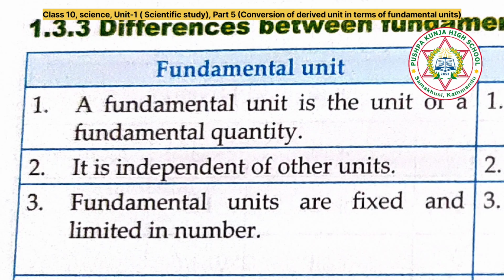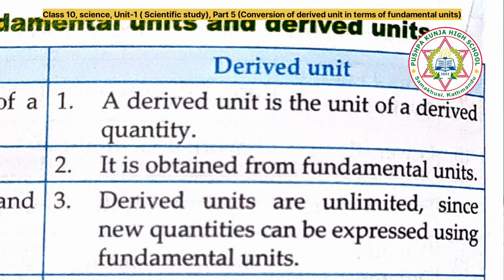Fundamental unit is independent of other units because fundamental quantities are independent of other quantities. It does not depend on others. kg, meter, second are fundamental units and cannot be derived from others. And derived units depend upon fundamental units.